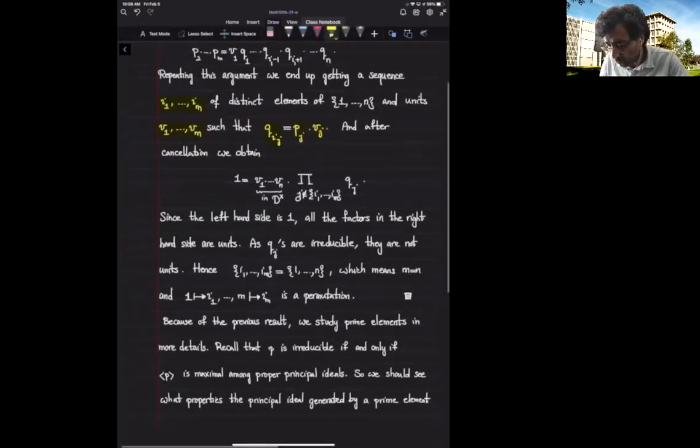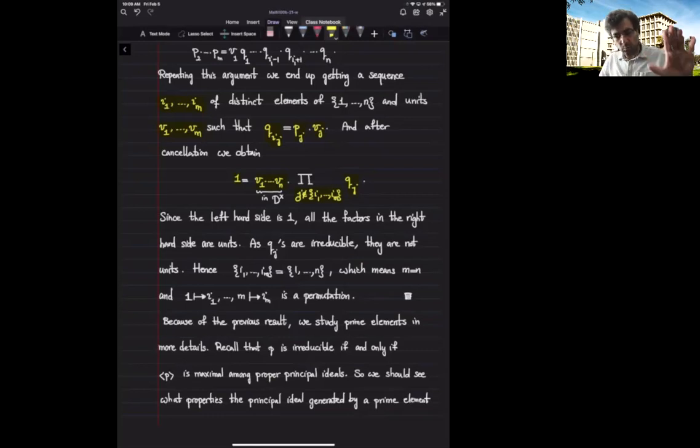We end up getting that 1 is on the left-hand side, and we get the product of these units times the remaining q sub j factors. So this j is not among the indices that we have canceled out. Now again, an irreducible element cannot divide 1, because 1 is a unit.